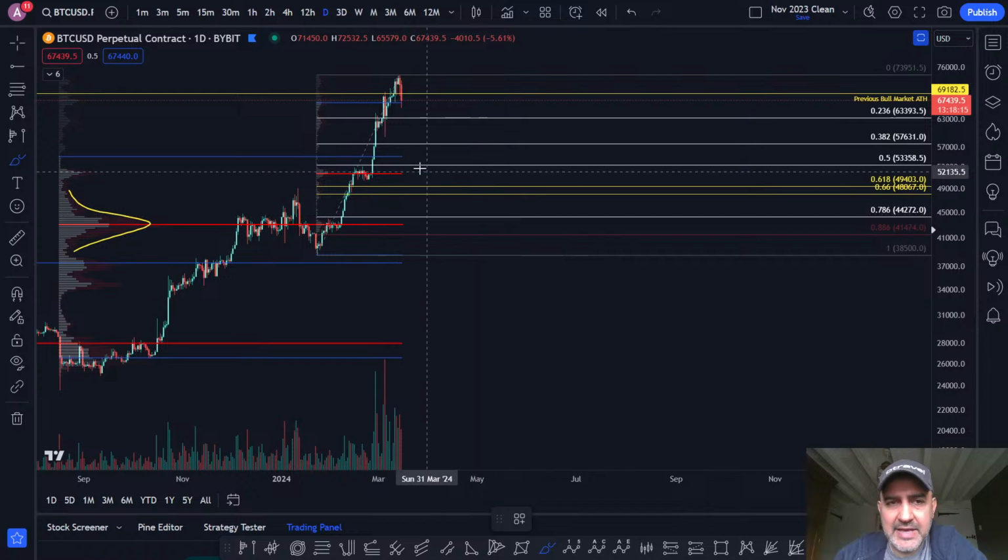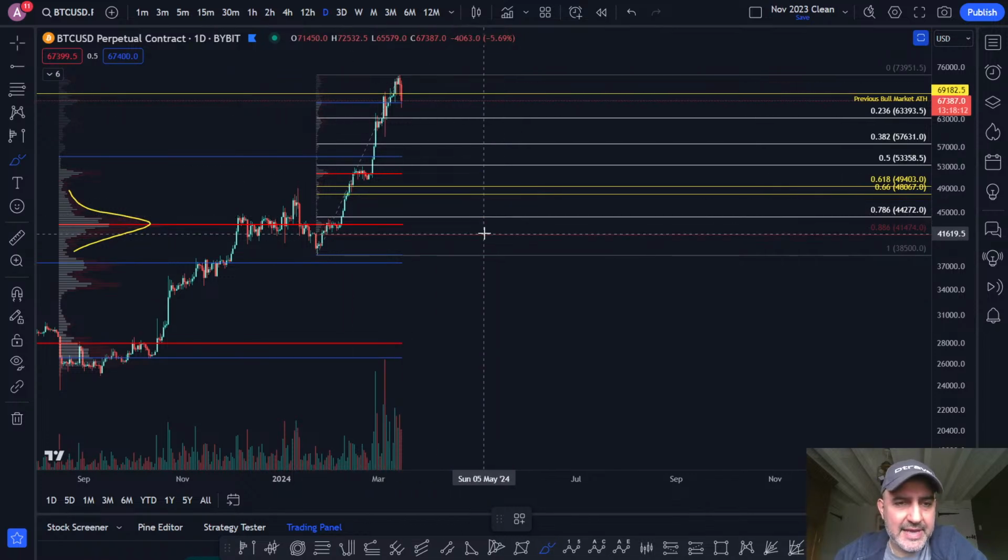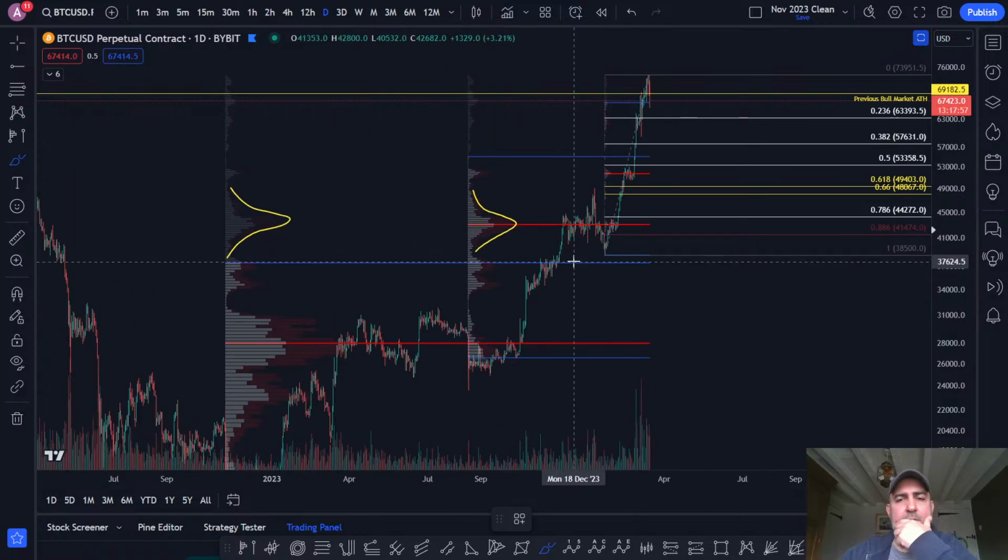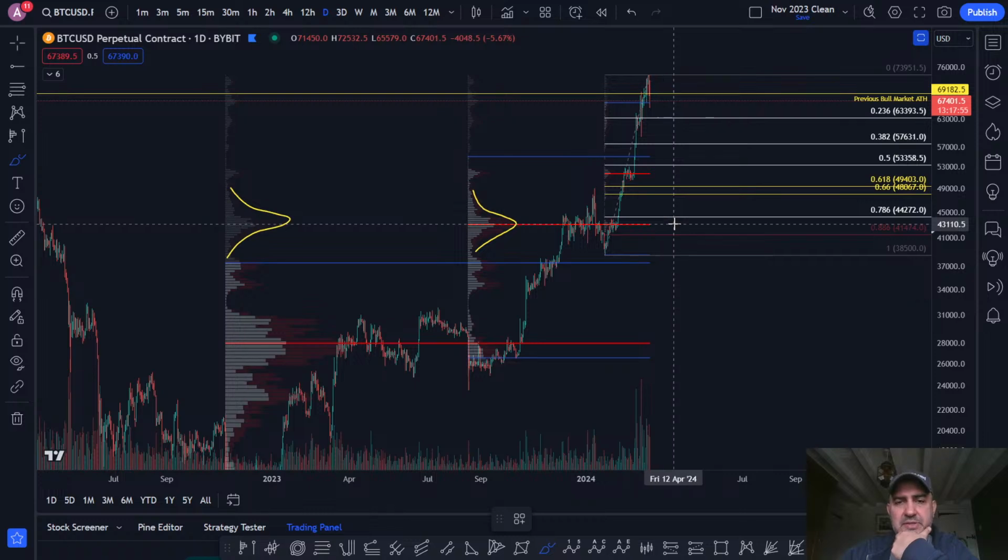You're coming to the 786 of this whole move. That would be amazing. Or even at the very worst case, the 886. That would be like the golden opportunity if the price came down to 42,000. A golden opportunity to buy. I'm not saying it's going to happen. I'm just saying that would be a golden opportunity.